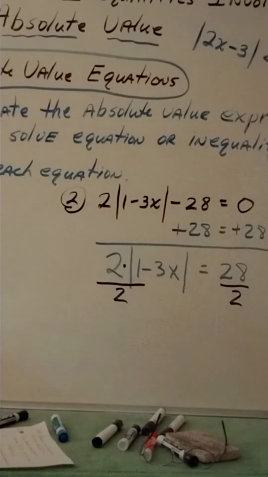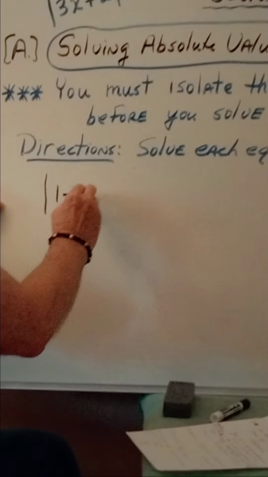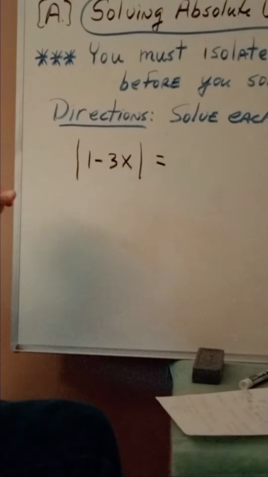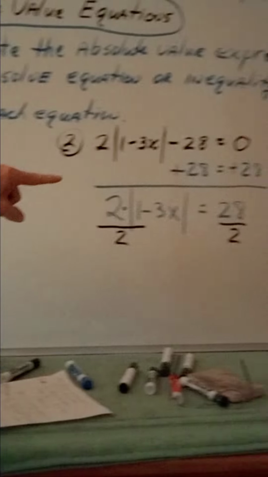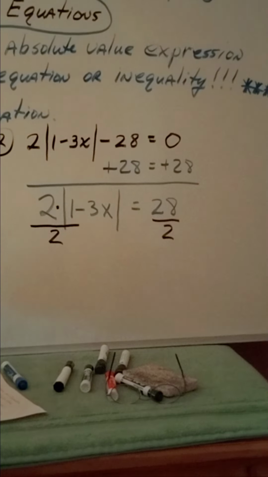Those 2 cancel, and we're now left with this. The absolute value of 1 minus 3x is equal to 28 divided by 2, folks, 14.